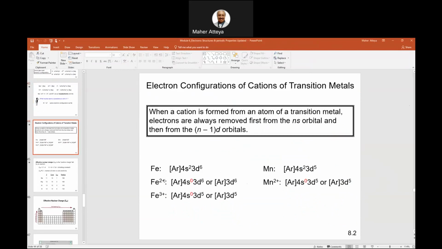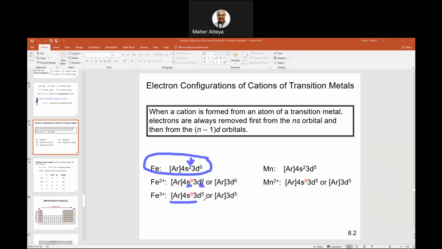Now this is the same thing we did. So you have iron. This is the neutral one. Now, if you have iron 2+, then you have to lose 2. So the 2 will come first from the s orbital. So the s orbital is out. If you have 3+, then you come and take it from the 3d here.